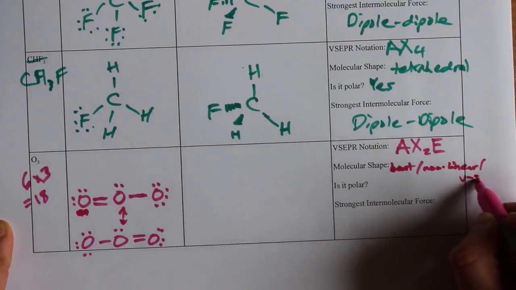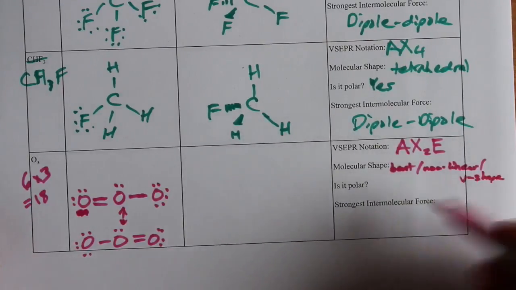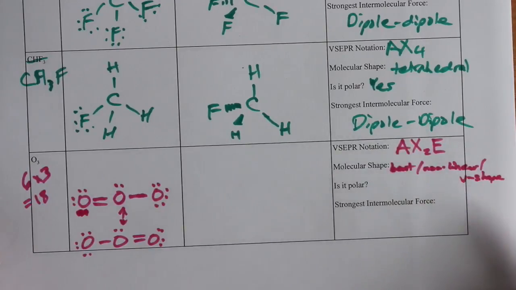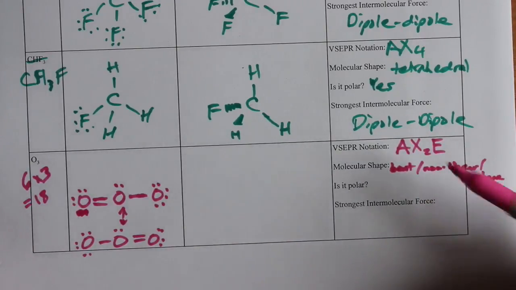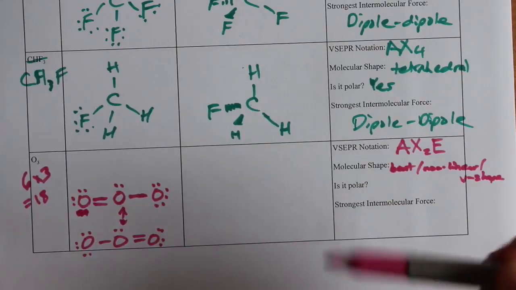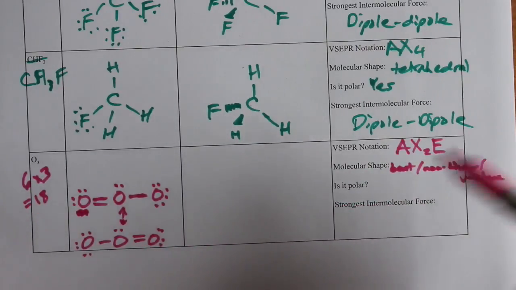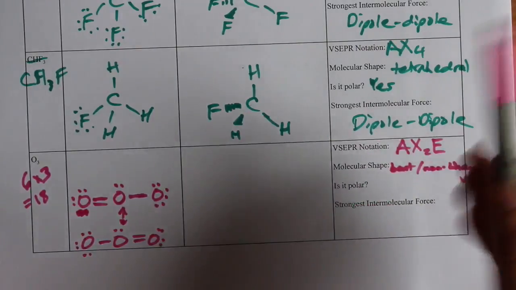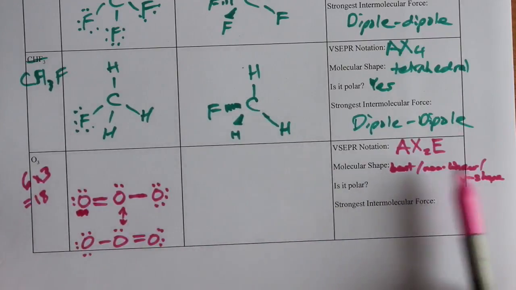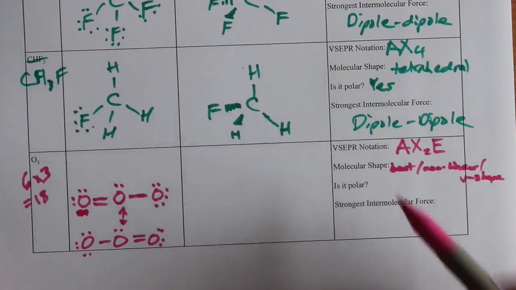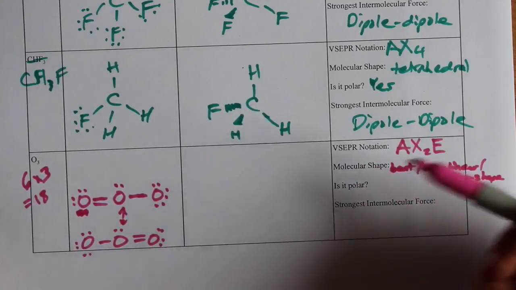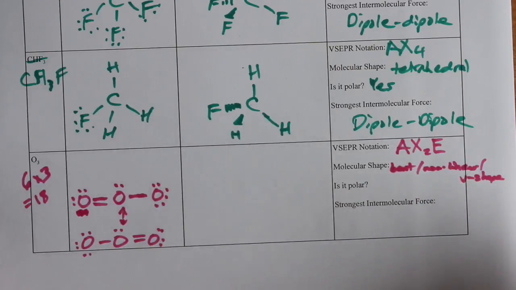I've found some teachers are very specific. Some will say that AX2E is specifically V-shape, and some other one, I think it's AX2E2, is non-linear. Just be careful about which one your teacher wants here. I see all three of these used interchangeably in the real world though, so I'm putting them down for you.